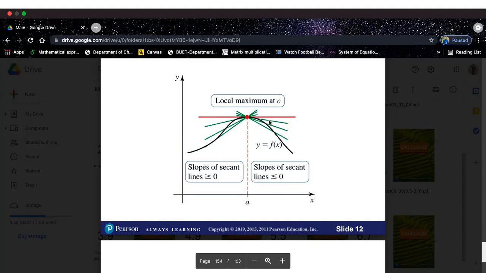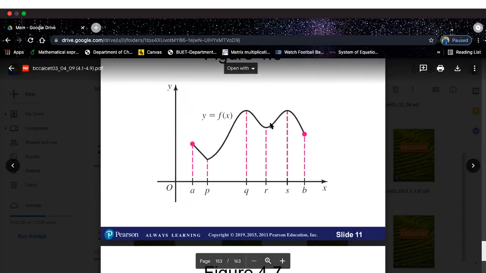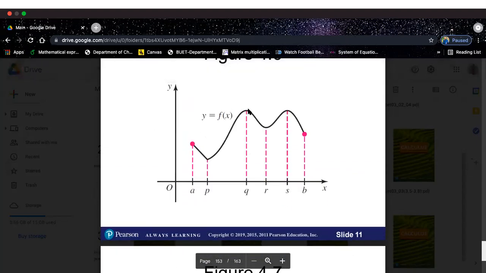If you look at the graph, let's go back to the previous graph. Yeah, this one. Let's take this maximum point. Now, if you pick any point from this part, after the peak point, when it starts going down, and you try to find the slope, you will see that these graphs will go like this.